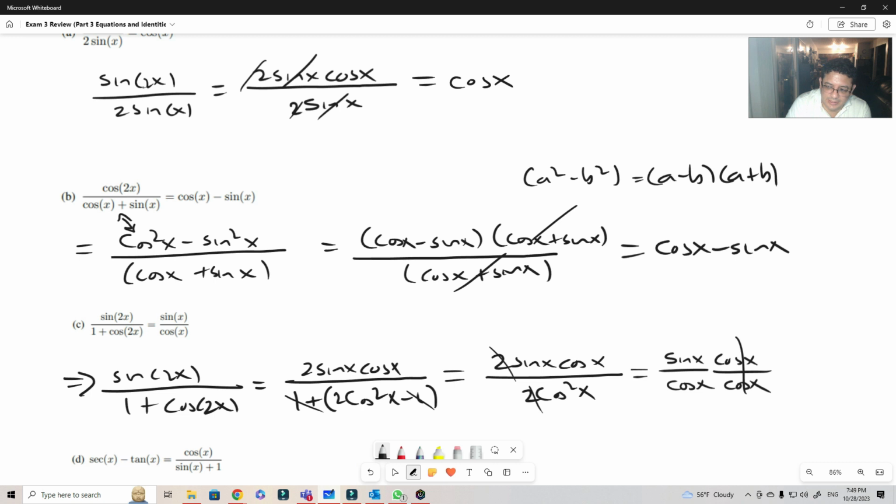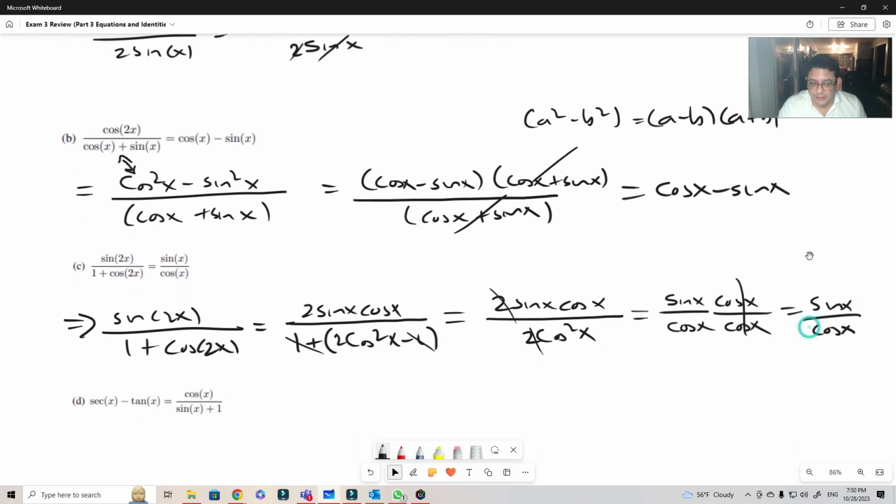So you can see that I can cancel this and reach the other side of the identity. So the trick here was recognizing that one way of getting to cancel stuff was eliminating this one. After that, it's just a matter of picking the right representation for cosine of 2x, and then from there we can go.